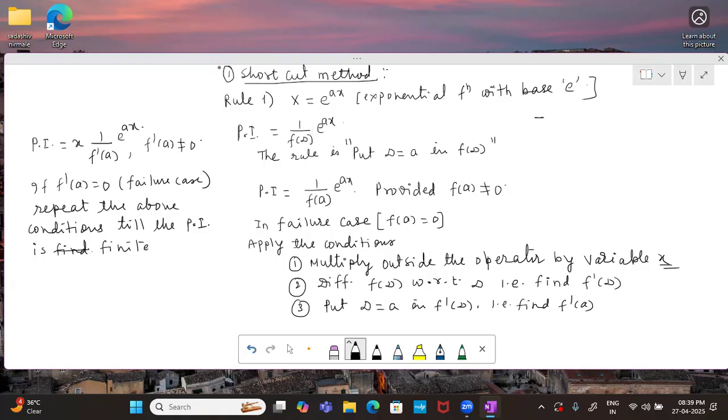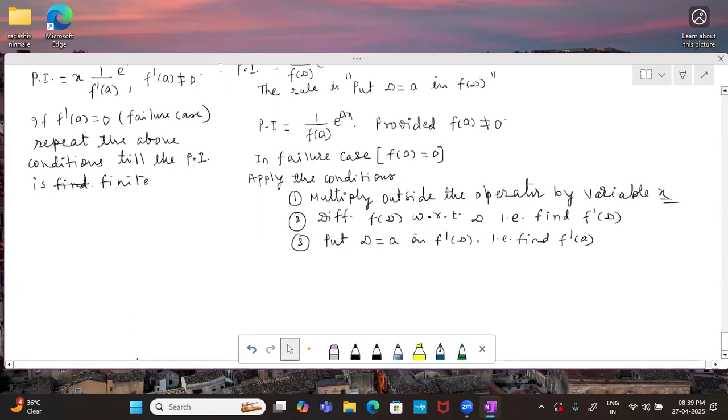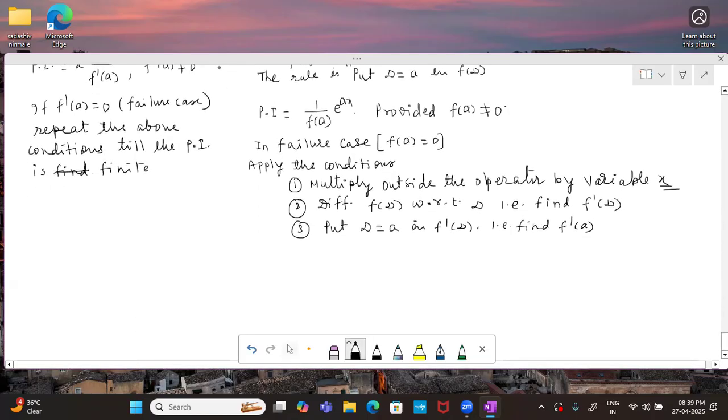Suppose, for example, we will see this example. Suppose we require PI, 1 upon D square minus 3D plus 2, operating on e raised to 2x.